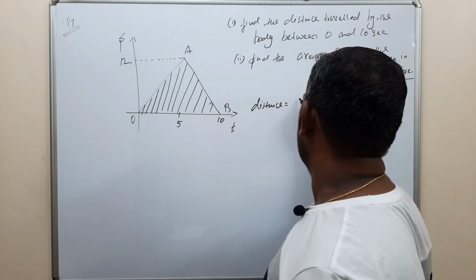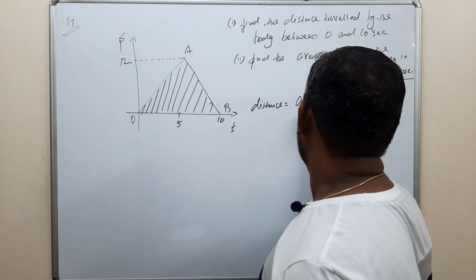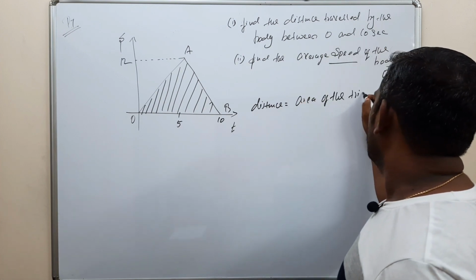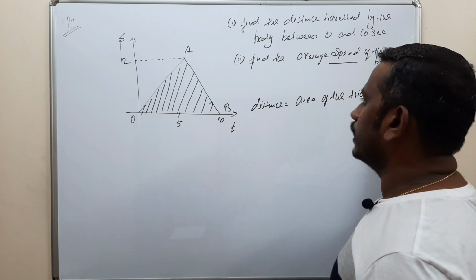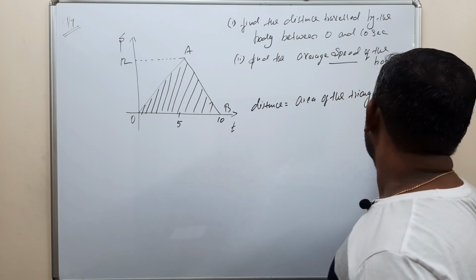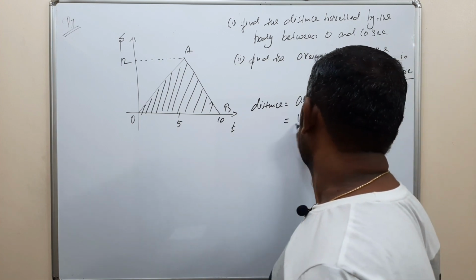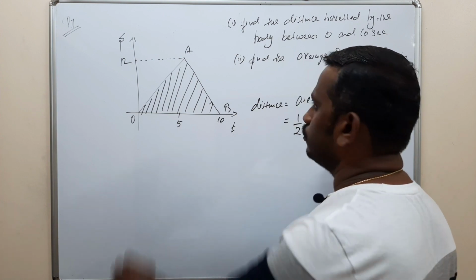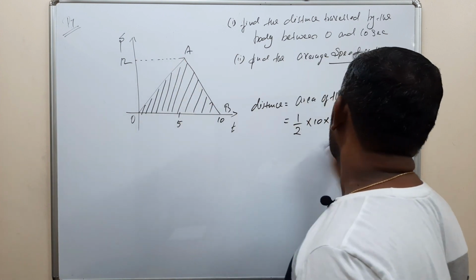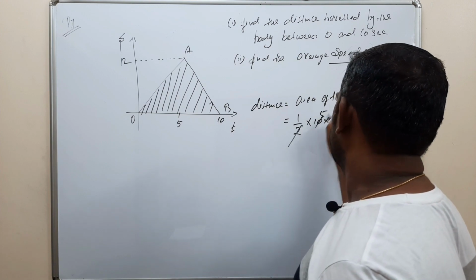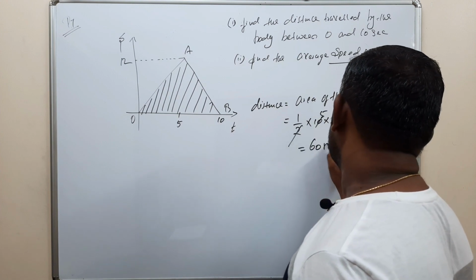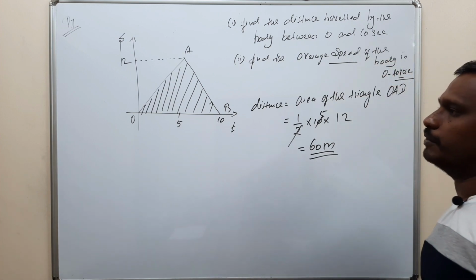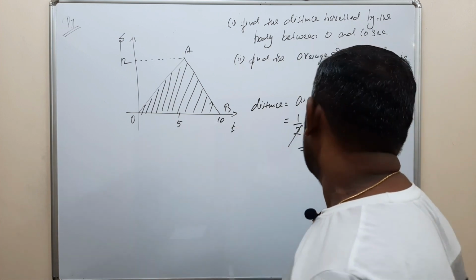So distance equals area of the triangle OAB, that's equal to half into 10 into, that is height, 12. So 5 times 12, that's equal to 60 meter. That is the distance traveled by the body in the time interval 0 to 10 seconds.